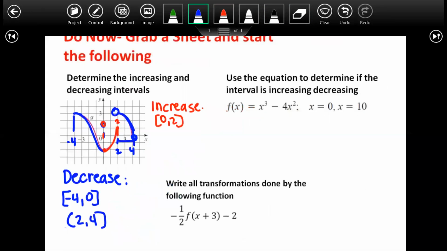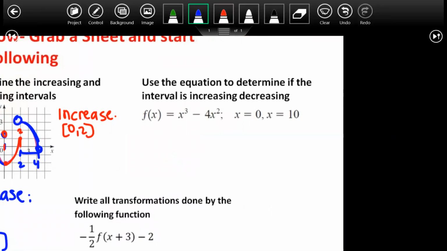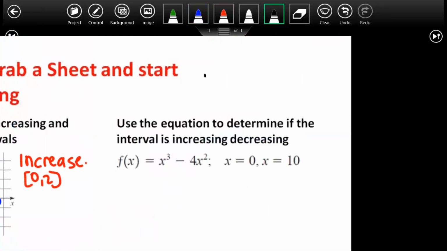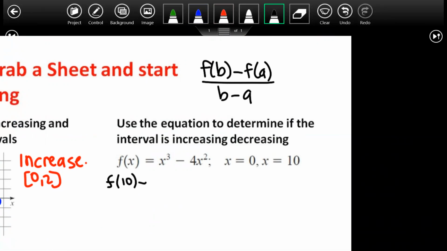Okay. Looking at whether our function is increasing or decreasing, we're going to look at the rate of change function, f of b minus f of a, all over b minus a. When we plug in our values, this is going to be f of 10 minus f of 0 all over 10 minus 0.